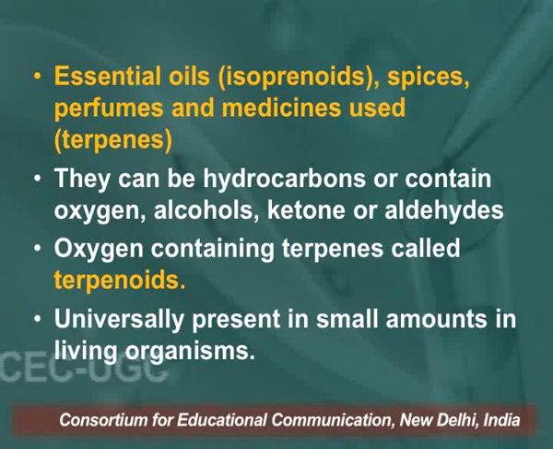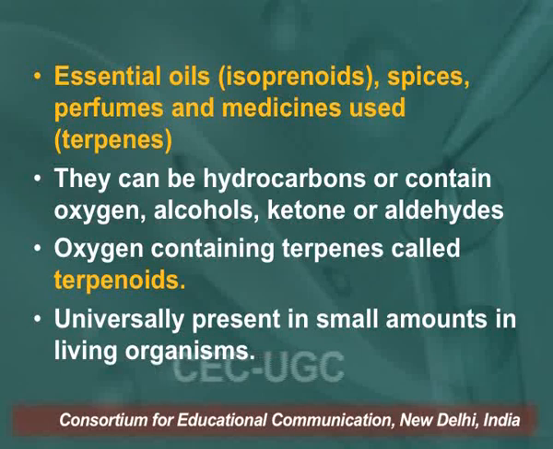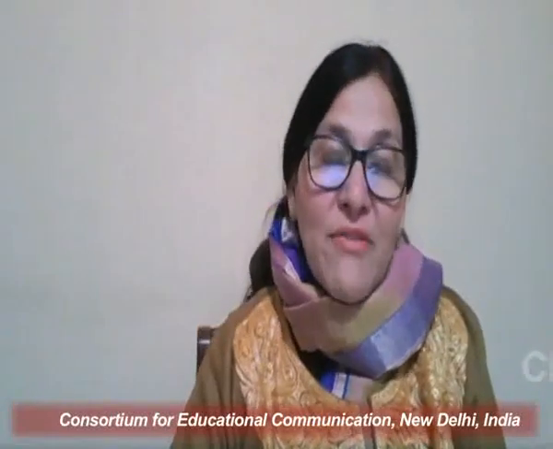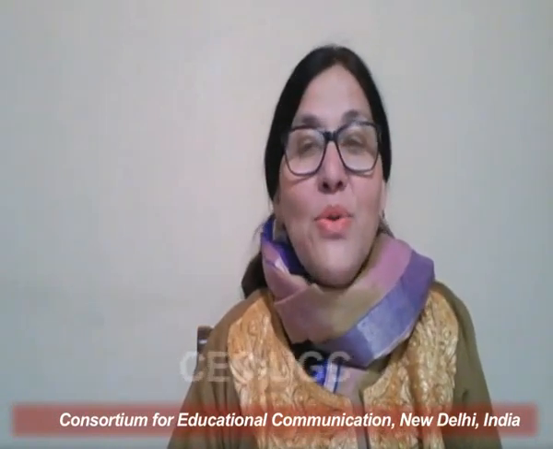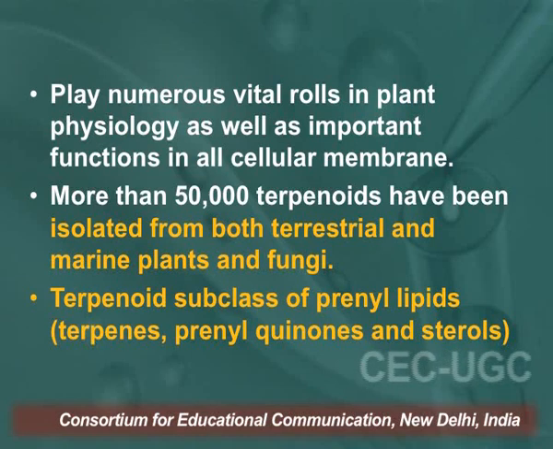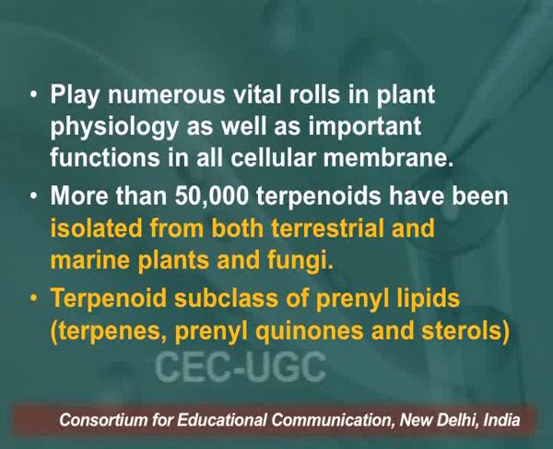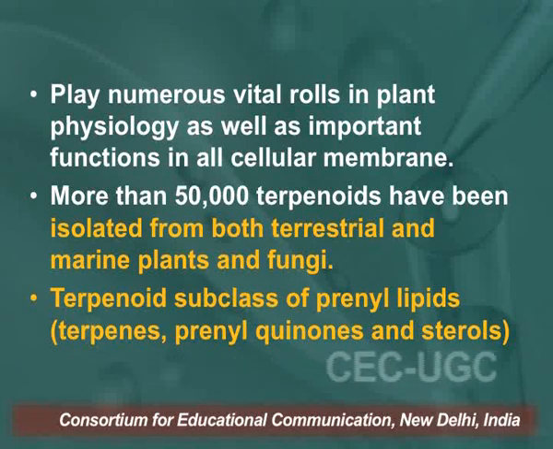Terpenes are universally present in small amounts in all living organisms. Terpenes, which are derived lipids soluble in fats, play numerous vital roles in plant physiology as well as important functions in all cellular membranes. Learners, more than 50,000 terpenoids have been isolated from both terrestrial and marine plants and fungi.